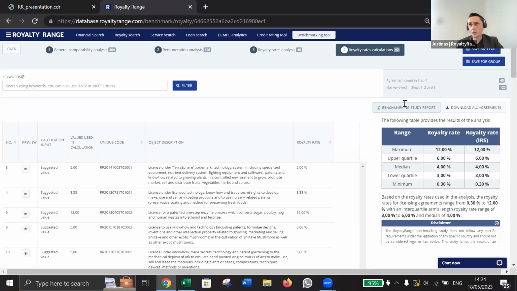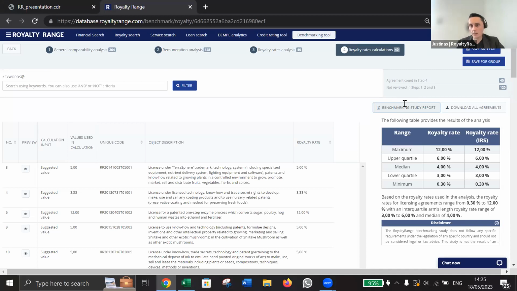So talking about the benchmarking study preparation, these would be the main insights. You can see that once you have a very straightforward and clear logic, once you have several separate stages for benchmarking study preparation, and if the data is clean and structured, the process is not that complex.